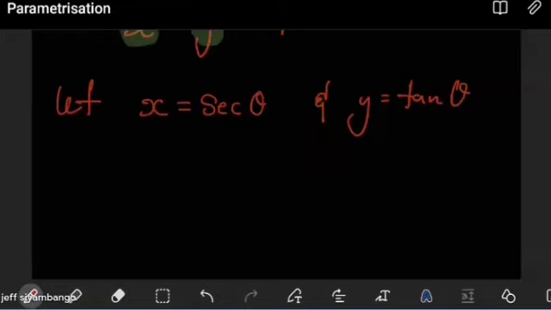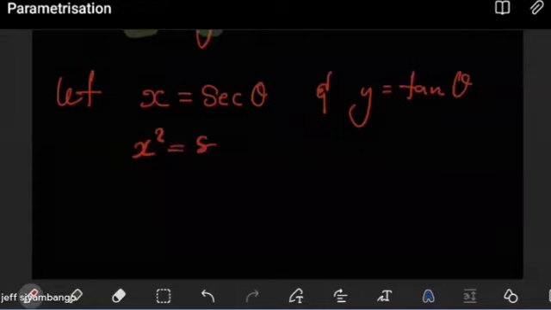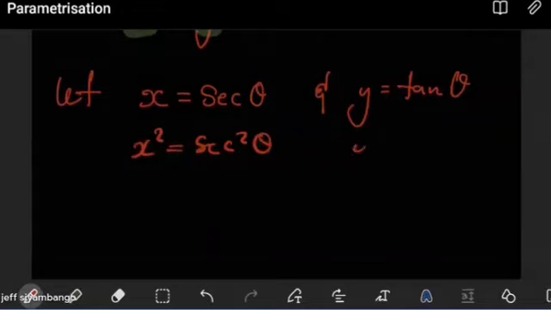How does this work? Notice that if we wanted to do the reverse, we'd first have to square this so that we get x squared is equal to sec squared theta, and y squared would be equal to tan squared theta.